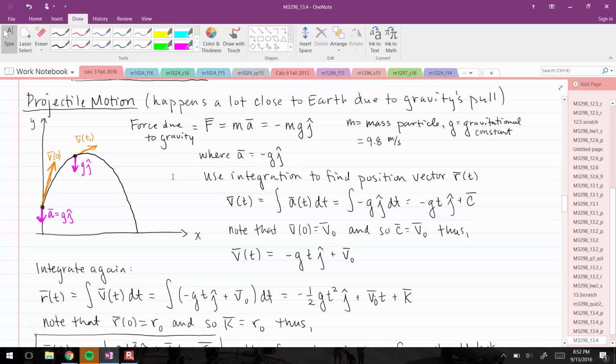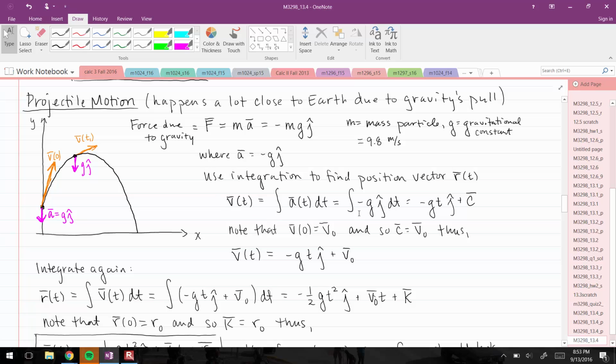Again, negative because it's down relative to the motion, particle, ball, whatever. So if we're trying to find the position function, kind of showing that it's this parabolic motion, we're going to use integration. So same type of thing that we did in that specific example, but we're doing it in general.